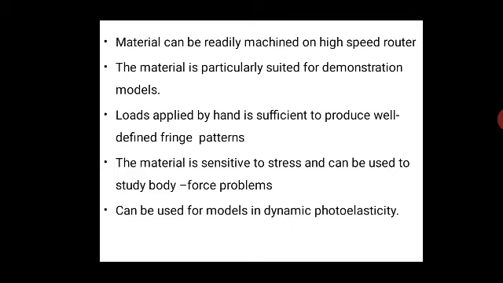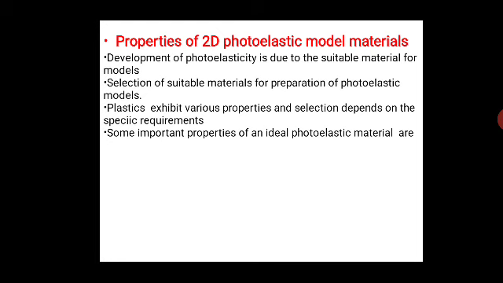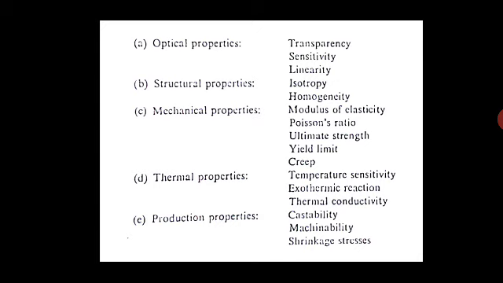in the upcoming slides. Now, the properties of photoelastic materials have been listed here, characterized into different categories. First we will discuss the optical properties: transparency, sensitivity, and linearity. Second is the structural properties, which include isotropy and homogeneity.